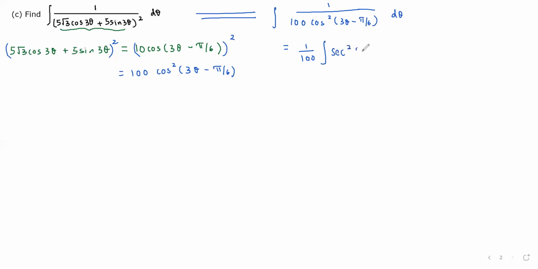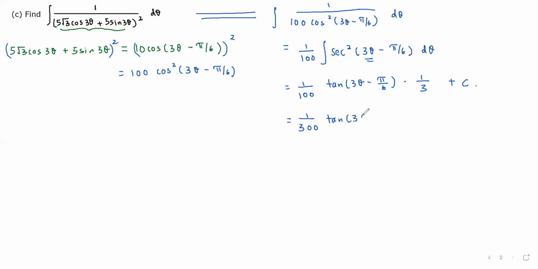Then we have secant squared(3 theta minus pi over 6). The integral of secant squared is tangent. We have tangent(3 theta minus pi over 6). Because this is linear in 3 theta, we need to multiply by the reciprocal of the coefficient of theta. That will give us 1 over 300 tangent of (3 theta minus pi over 6).